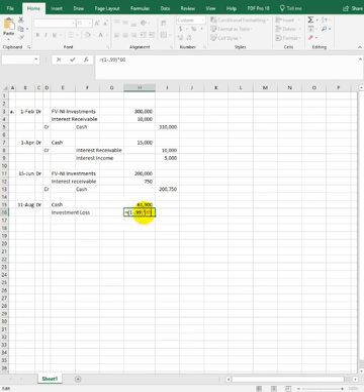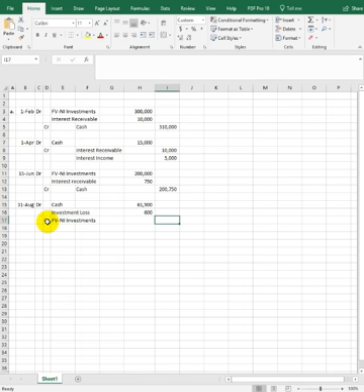Times 60,000. So it's a $600 loss, and loss is always debited. And so then the credit is going to go to fair value through net income investments, 60,000.